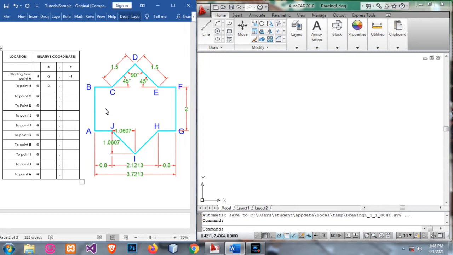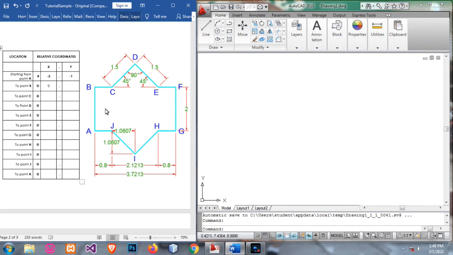So it is easier to solve for relative coordinates compared with absolute coordinates, especially when we are dealing only with vertical and horizontal lines. Like here, we have A to B. We are making a vertical segment. So there is no movement for your x, so we will just input 0.